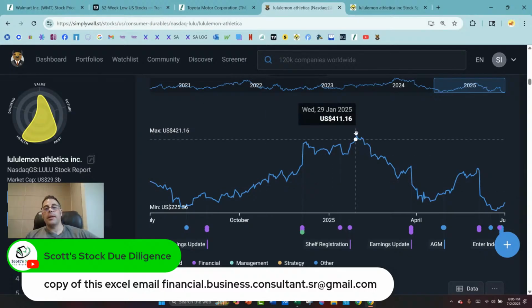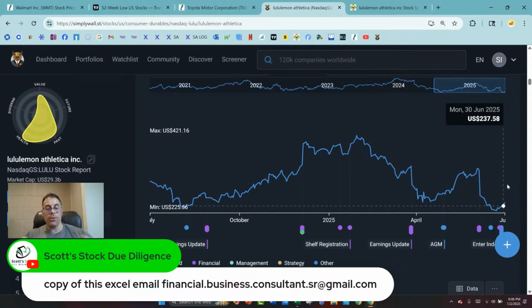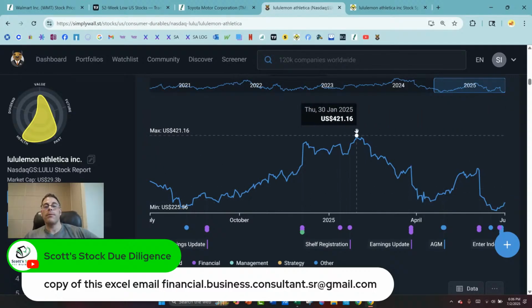And over $400 is paying way too much for the stock. So it belongs at $300 a share. People were just overpaying for it at one point, and now it's getting back to reality where it belongs. It belongs around $200 to $300 a share, not $400 or $500 a share. But that's what you have to do.